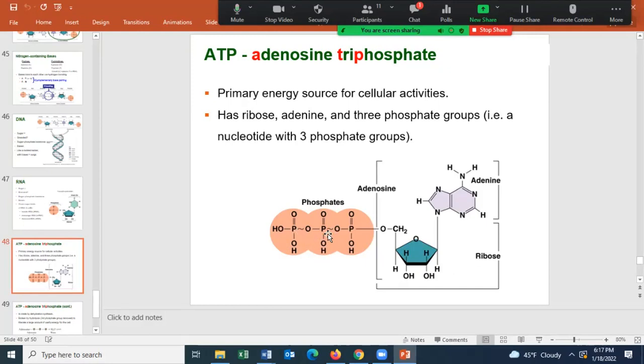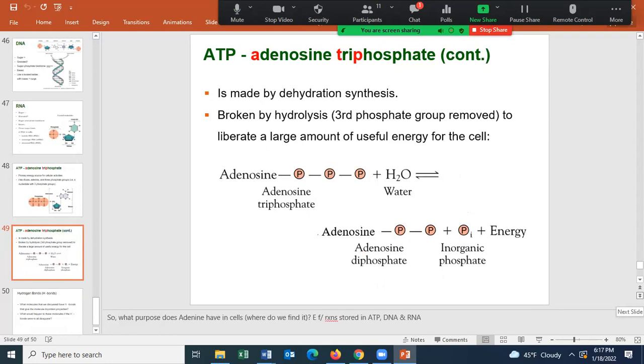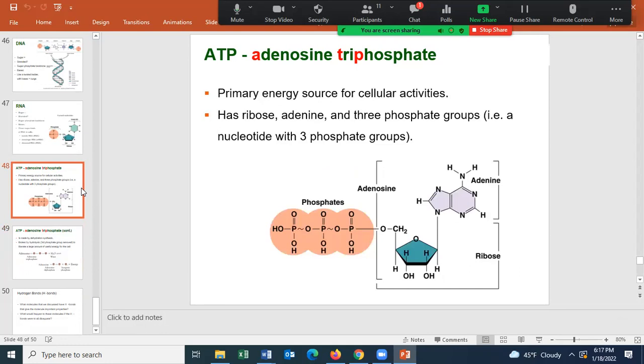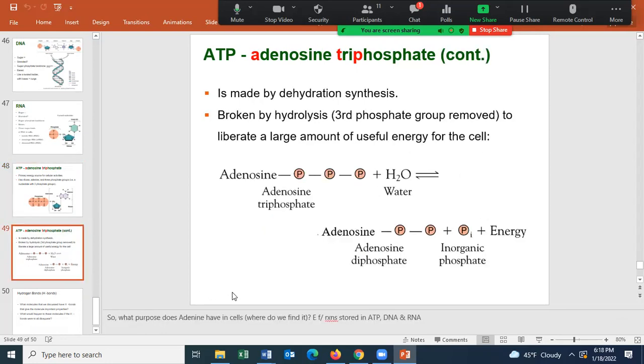And these 2 bonds release a lot of energy. You should know that ATP is the energy source. Whenever cells want energy, they will get it by breaking ATP.